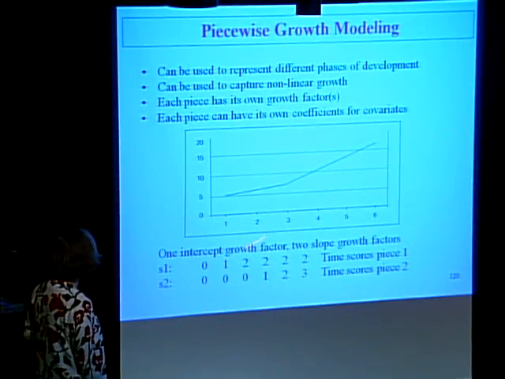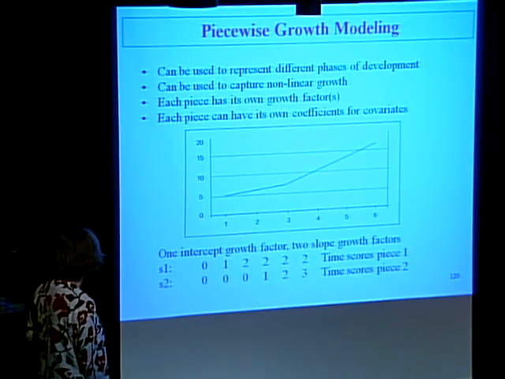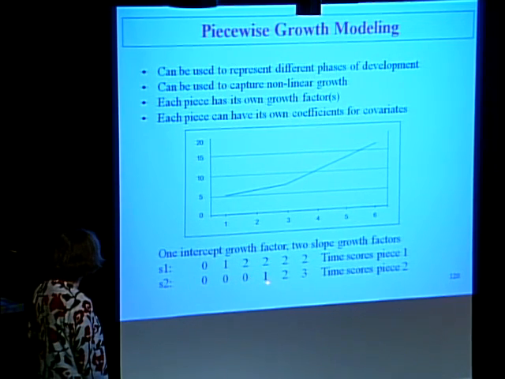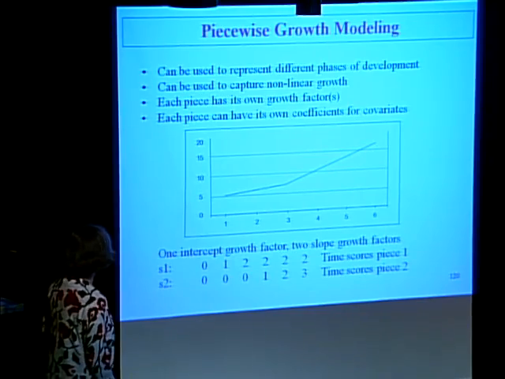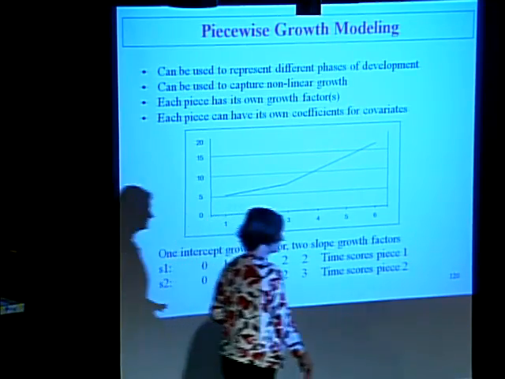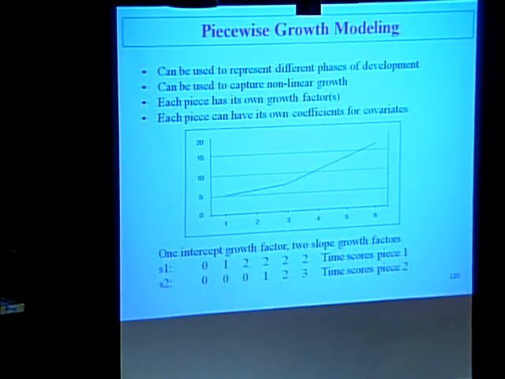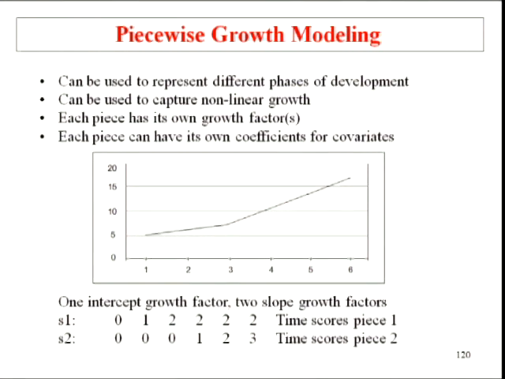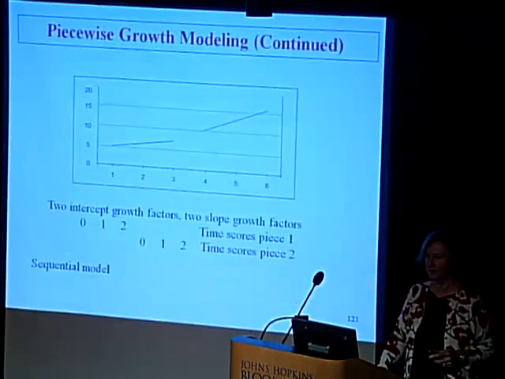For the second part, it starts at 3. So it was all zeros up to the third, and then 1, 2, 3. And that would represent the growth for this part of the model. So this can be a useful model if you have something that breaks at a particular point like that.